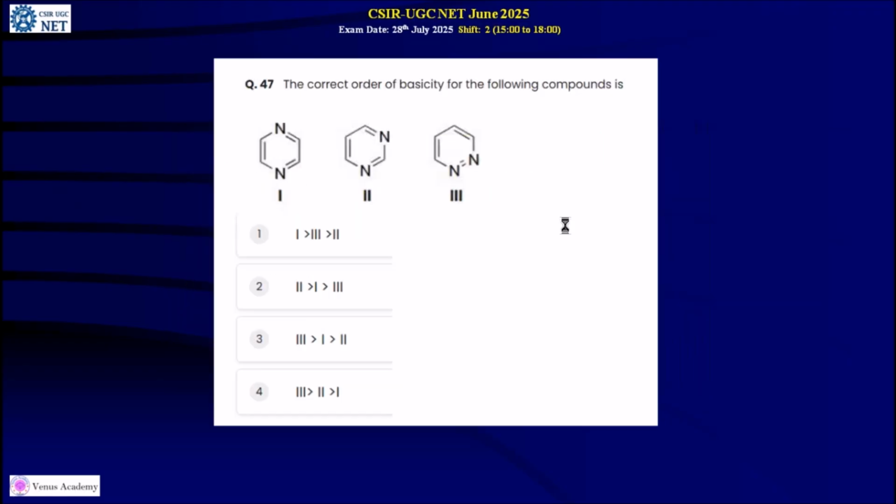Next, question number 47. The correct order of basicity for the following compounds is, so among these, yes, pyridazine, pyrimidine, pyrazine. Pyridazine is more basic, then this pyrimidine, then this. So 3, 2, 1, option number 4 is the correct option, students.